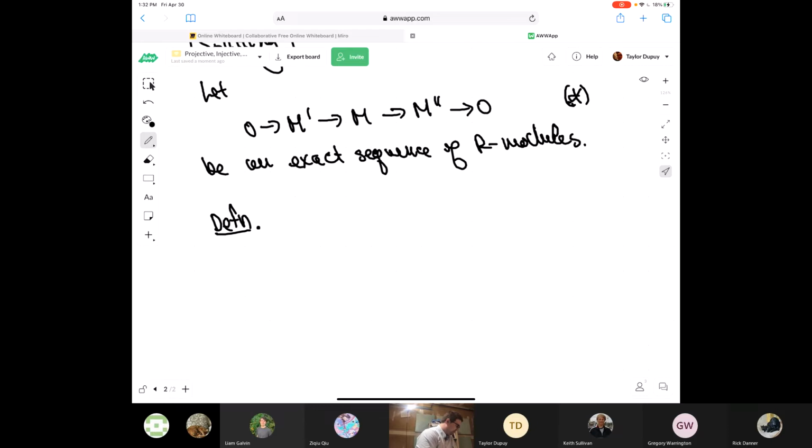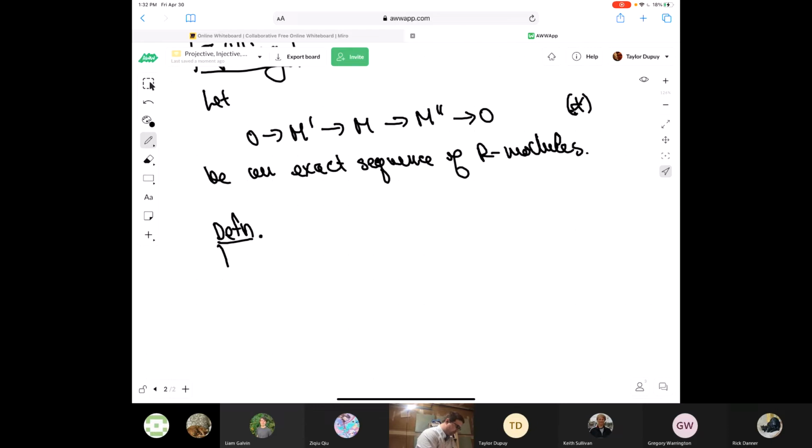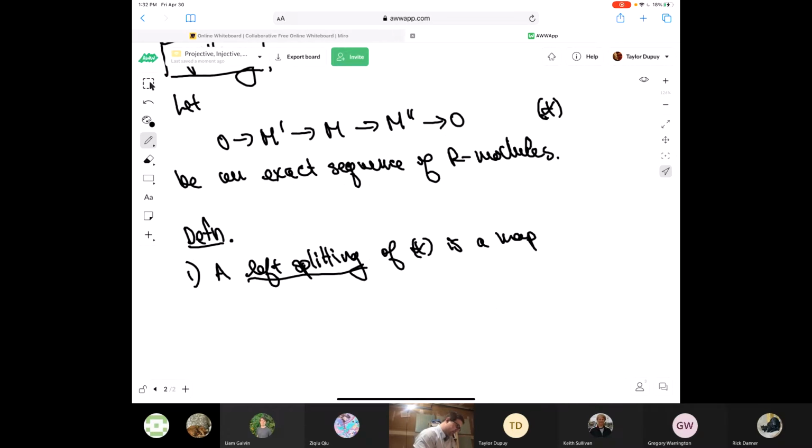Okay, so a left splitting of star is a map, and it's going to be a map tau from M to M prime, such that J composed with tau is the identity on M prime.